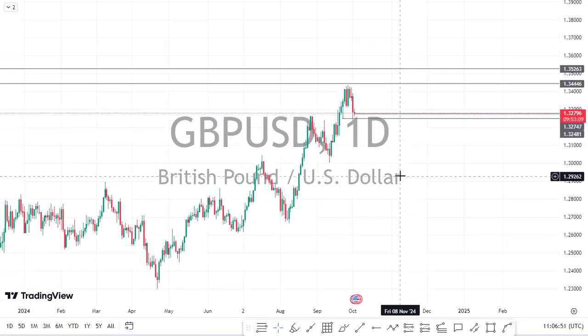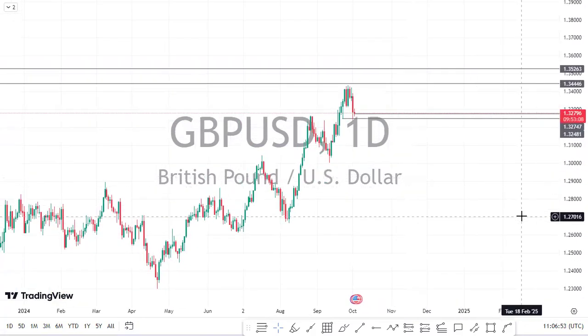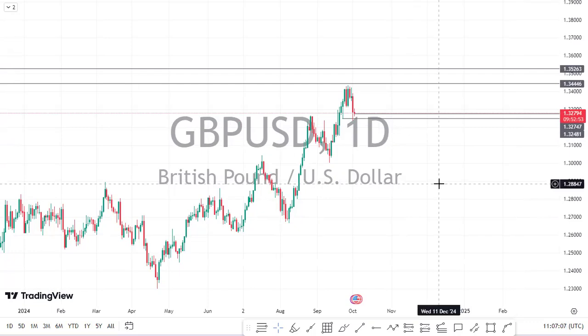So now let's start our top-down analysis and go to smaller time frames to look for entry, in the form of day trading. Sometimes a day trade can turn into a swing trade.